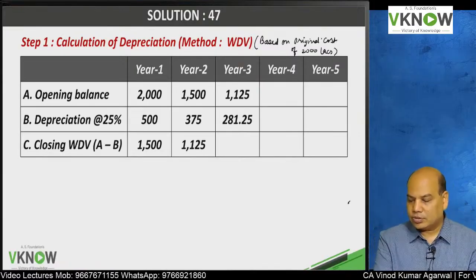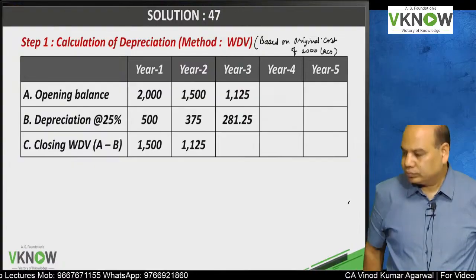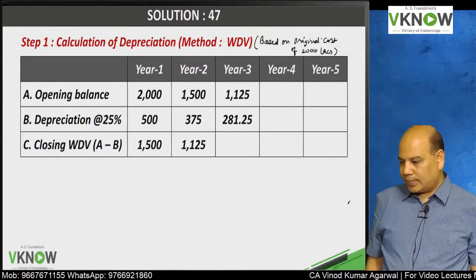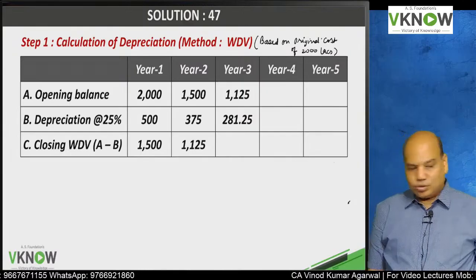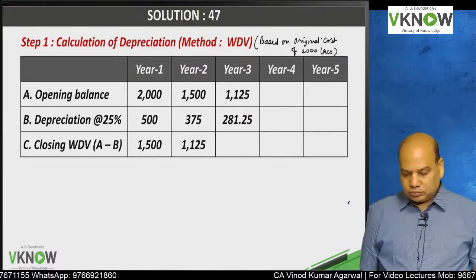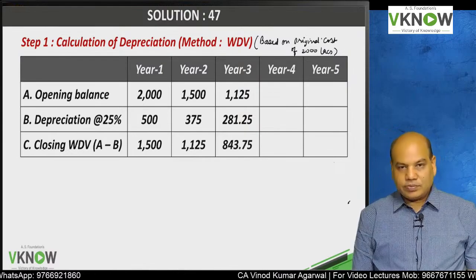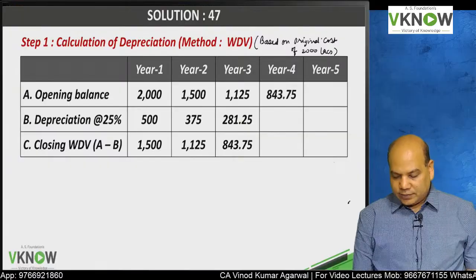Next is 1125 into 25%, 281.25, closing balance 843.75.